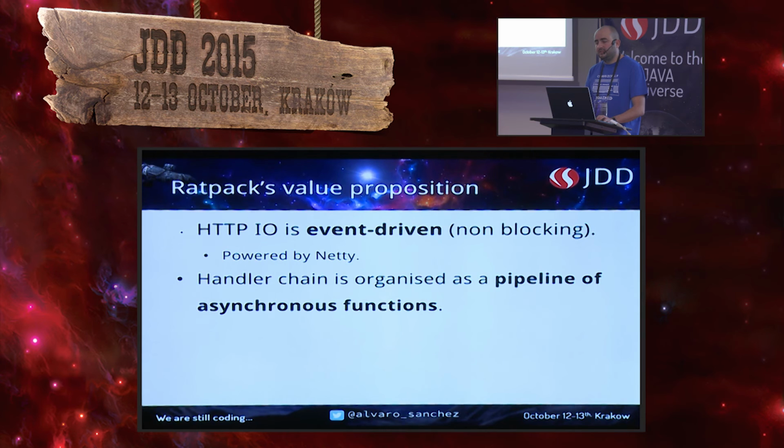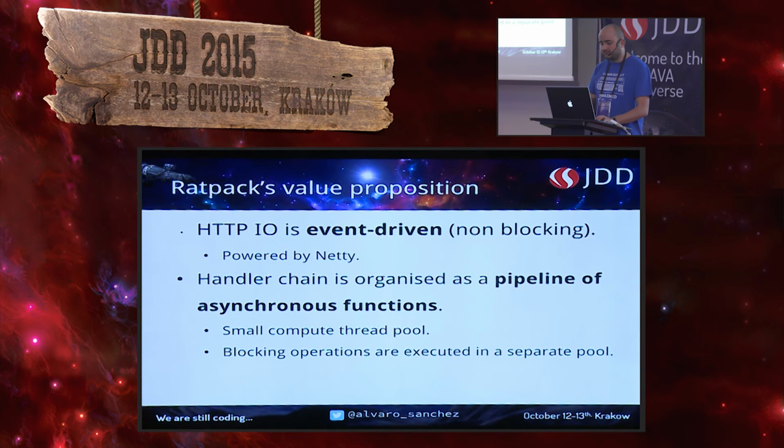So the handler chain is like a pipeline of asynchronous functions. They can be executed asynchronously. So for all the executions, Ratpack has a small compute thread pool. By default it is 4. And it's more than enough to handle thousands of requests.